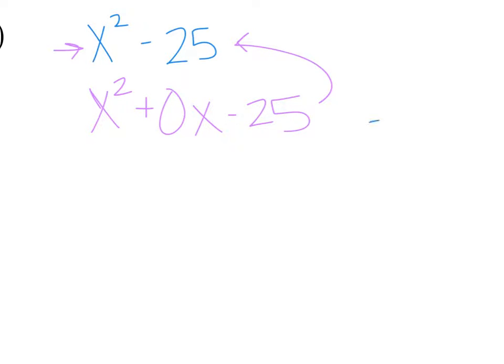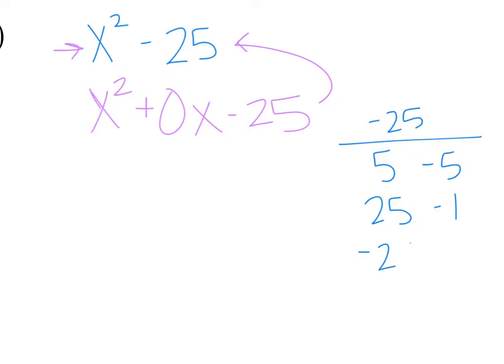Good, negative 25. Okay, what are some factors of negative 25? 5 and, not negative 2, but negative 5, good. What else could I have? Good, 25 and negative 1, which means I can also have negative 25 and positive 1, right? I just need one of my factors to be negative.